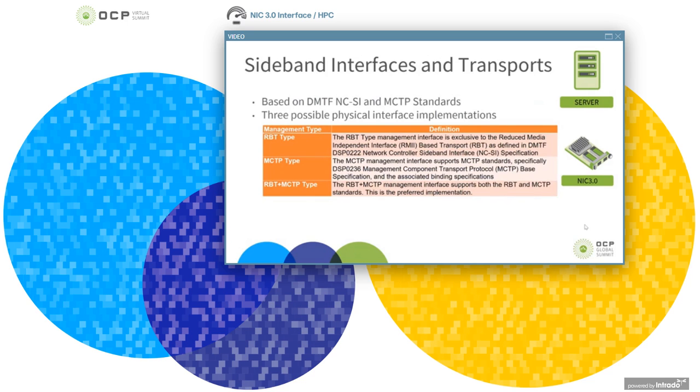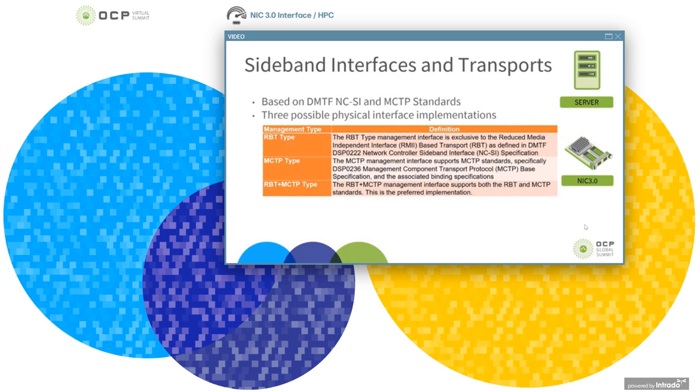So the OCP NIC 3.0 specification standardized management traffic communication over DMTF-defined standard transports. DMTF has the RMII-based transport that is used by the NC-SI specification, as well as the Management Component Transport Protocol, MCTP, specification that is used over multiple mediums, SMBus or PCIe VDM.